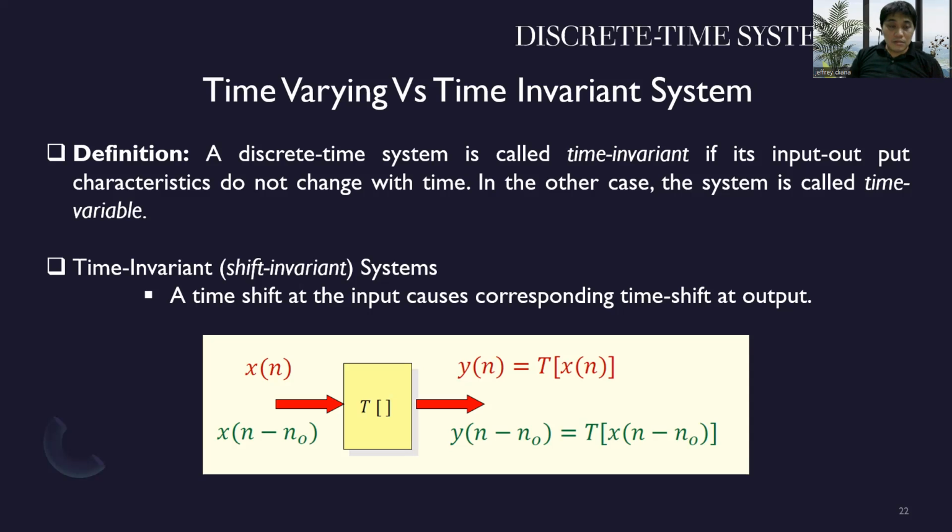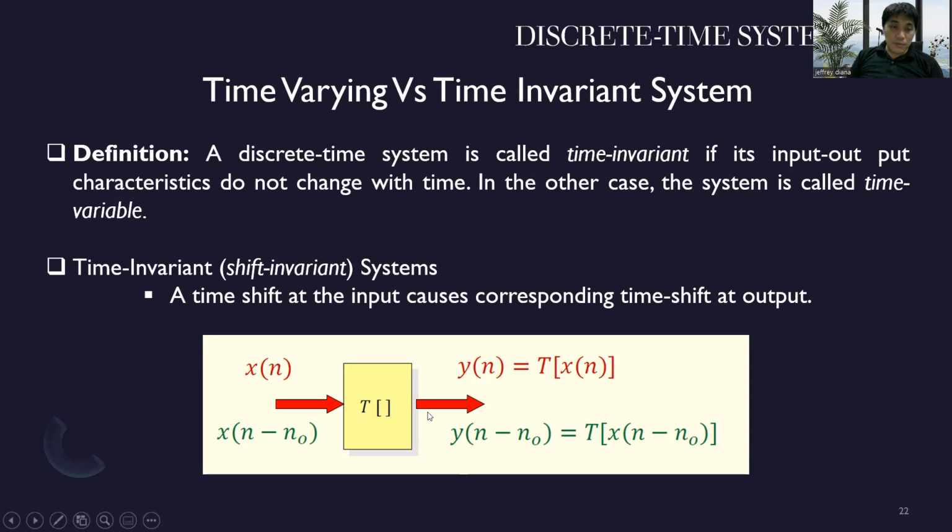Time invariant, also called shift invariant systems, the definition is a time shift at the input causes a corresponding time shift at the output.